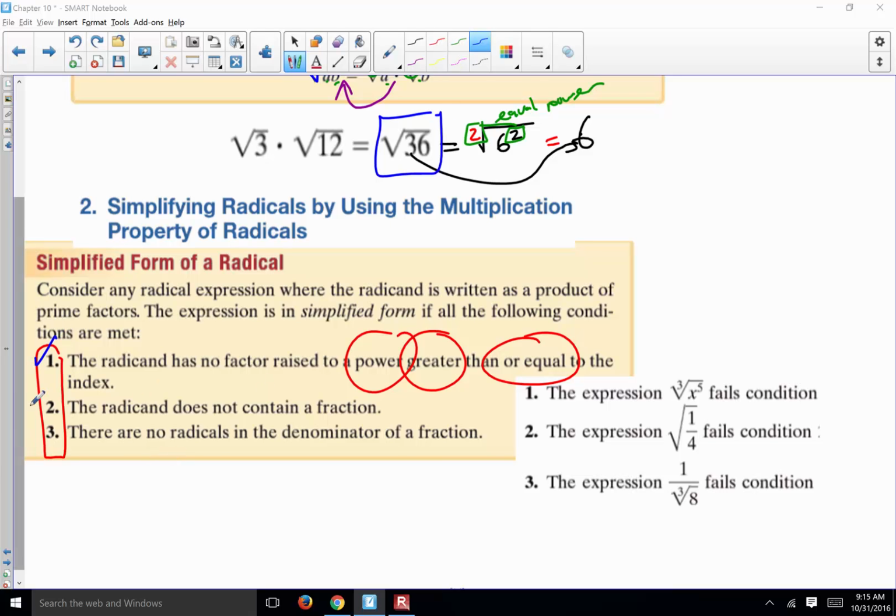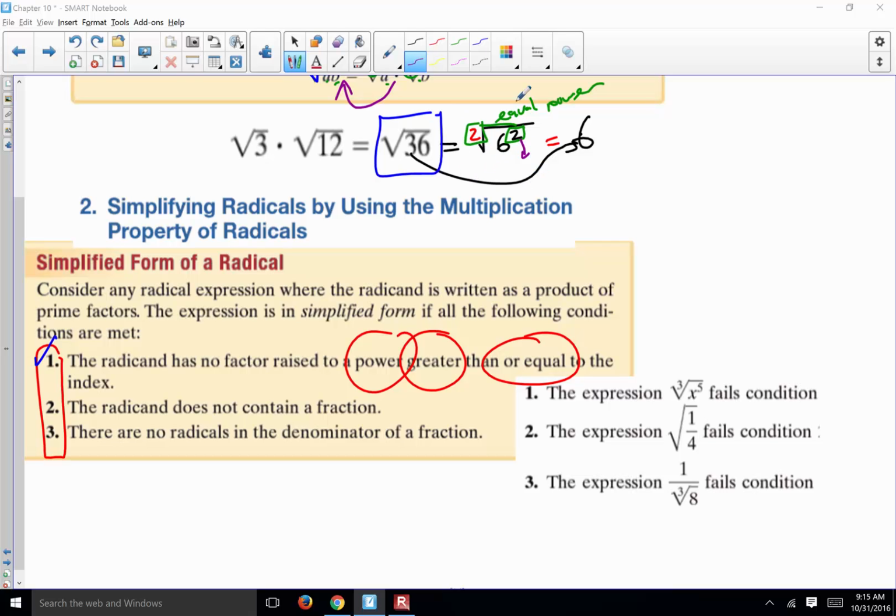That's what rule number 1 means. I call this the money the prisoner has. No prisoner must have more money than what the guard demands. The guard demands $2, you have $2, so you can simplify it. If you have 3, you can still simplify it. If you have $4, you can still simplify it. No money more than the index.